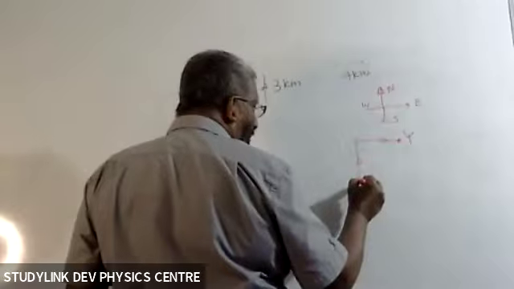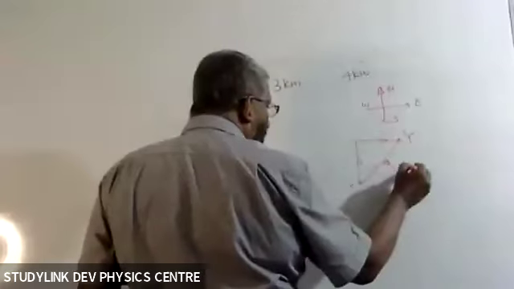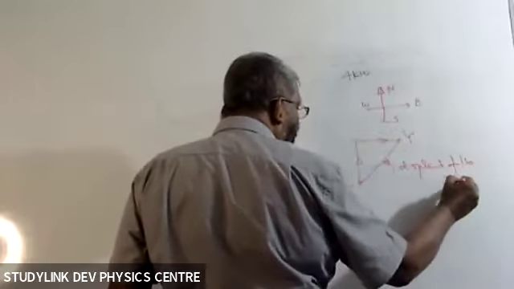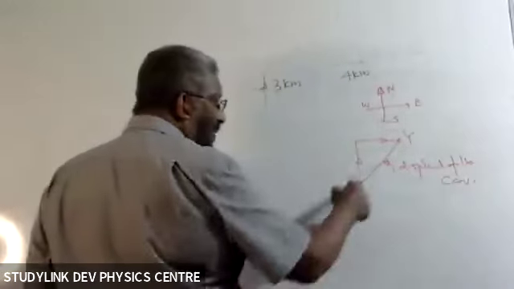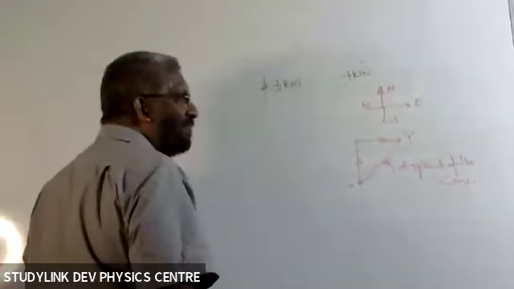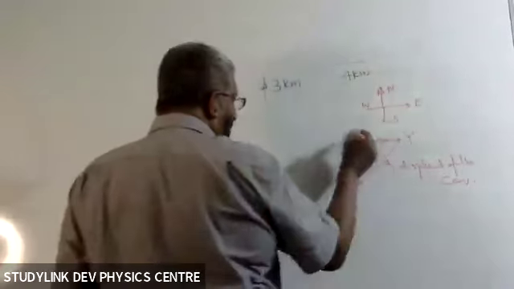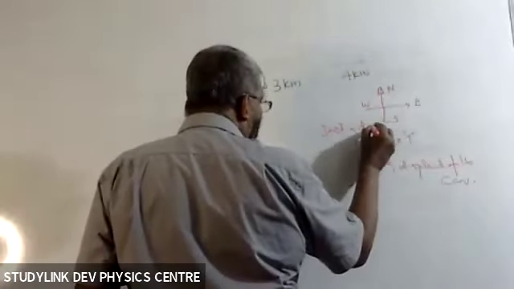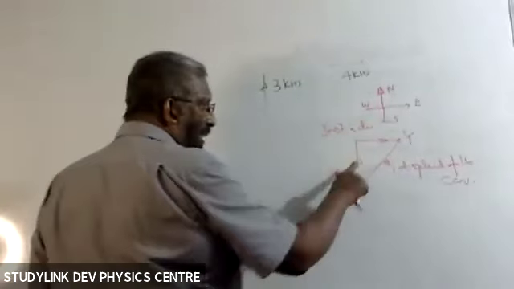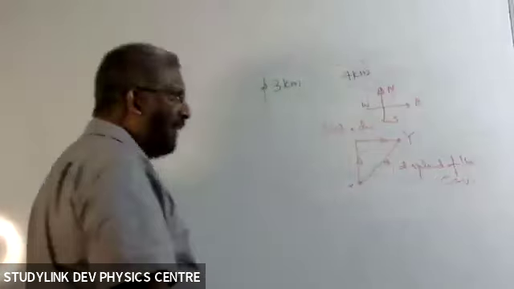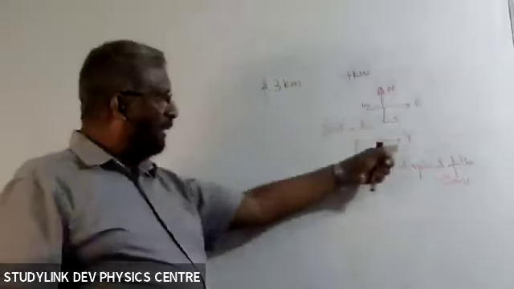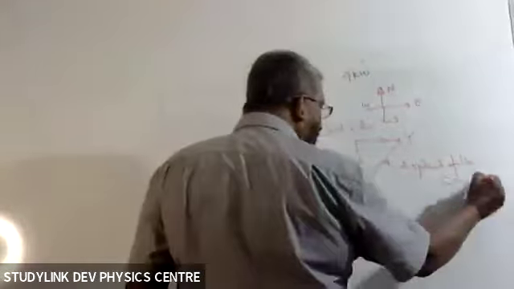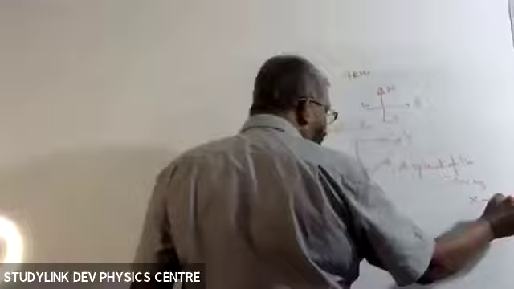So the displacement is X to Y, the displacement of the car. This is just a diagram.